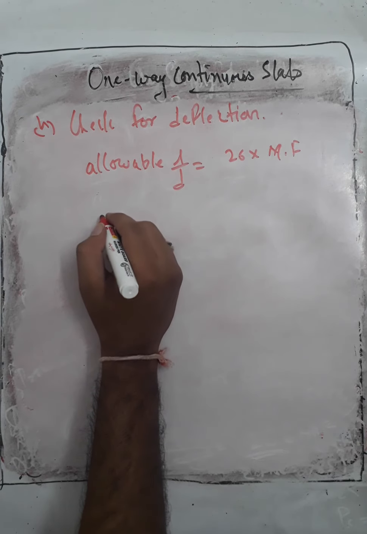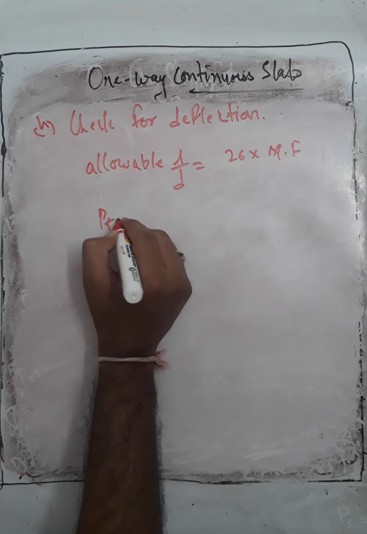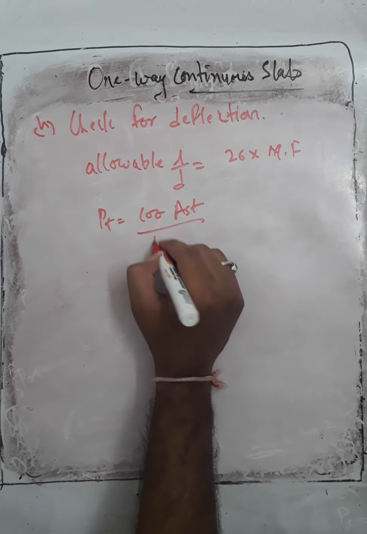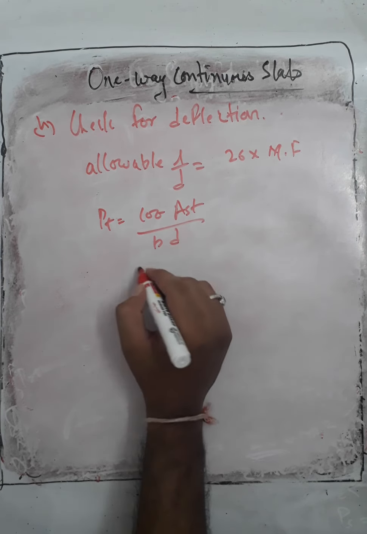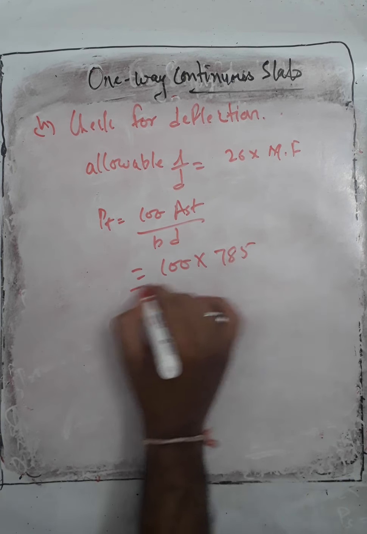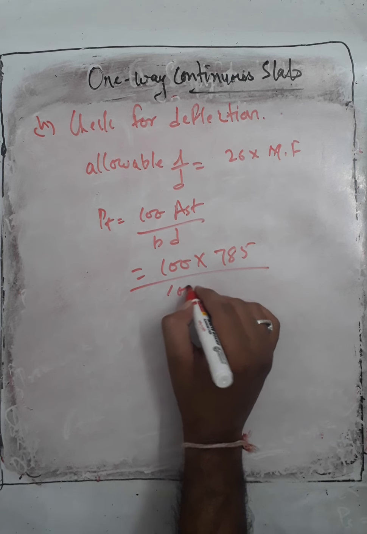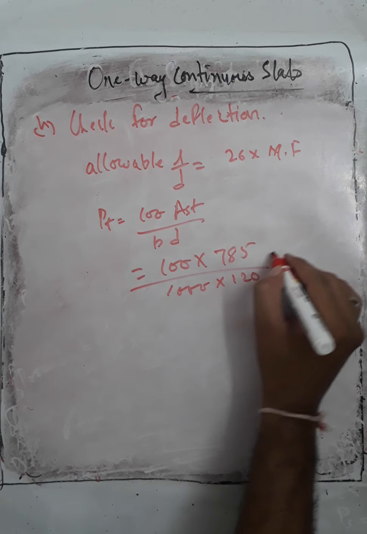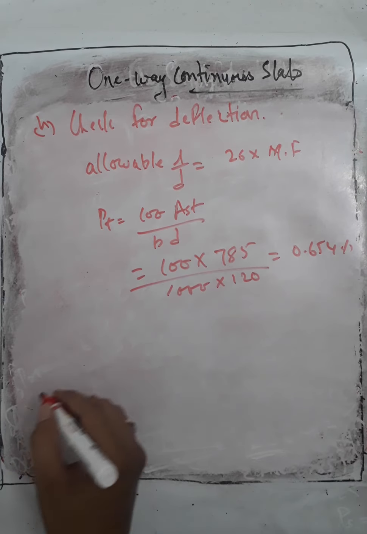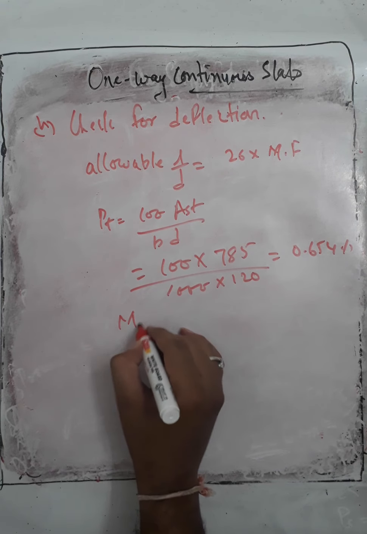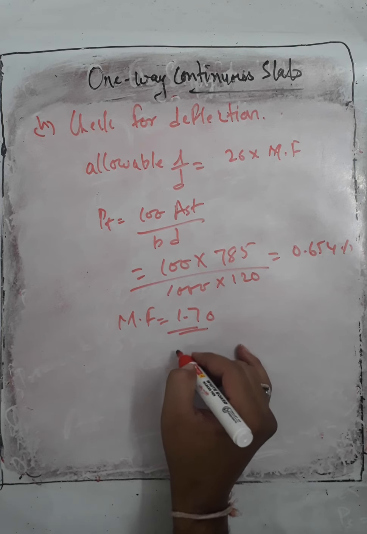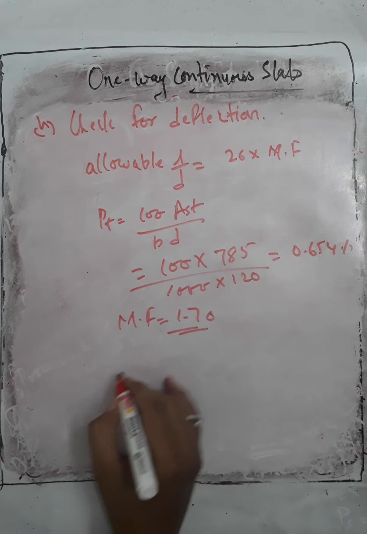Now you have the AST value, so you have to find pt, which is 100 AST upon BD. So here we have 100 into maximum AST 785 divided by 1000 into 120, and you get 0.654%. Now for that the modification factor is 1.70.